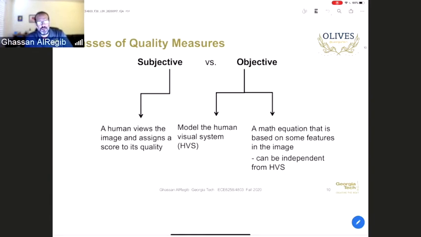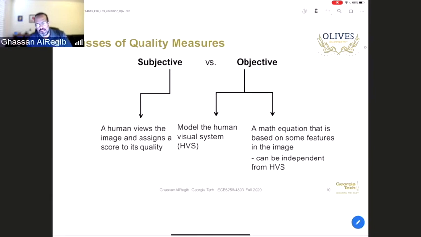In objective measures, you have really two approaches. The first one, from the computational neuroscience folks, we have an understanding of some of the attributes in the human vision system, and we build up based on those. Eventually, what we would like is a mathematical equation that incorporates the human vision system attributes to have a quality measure.